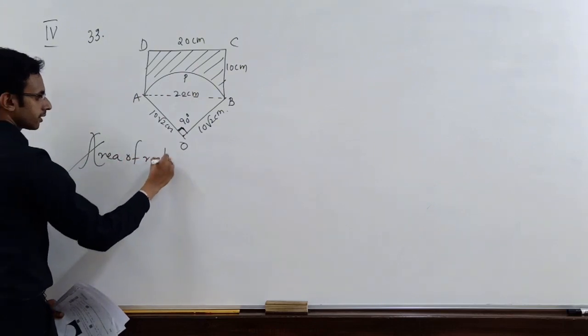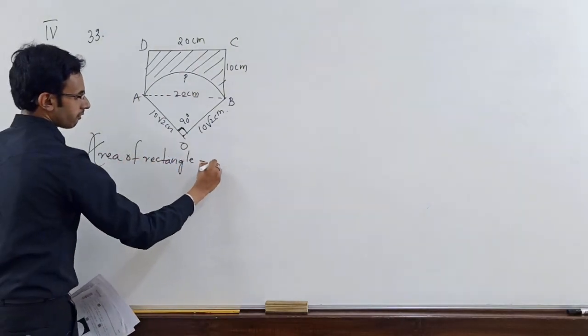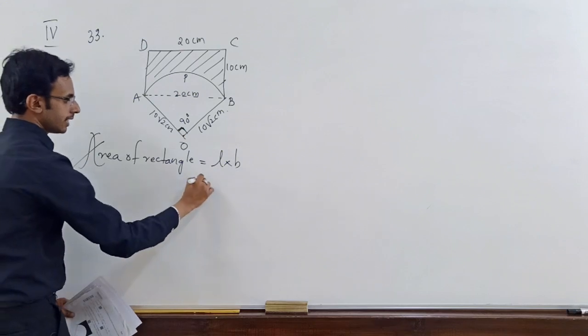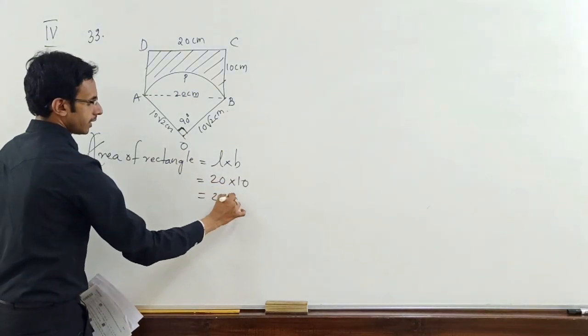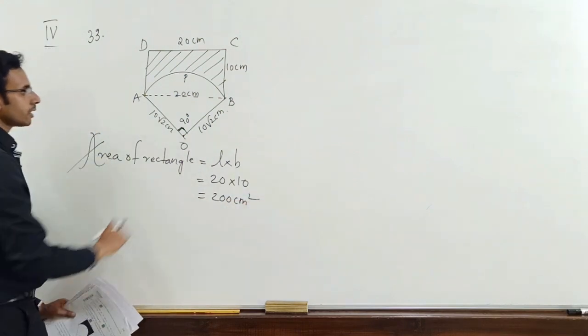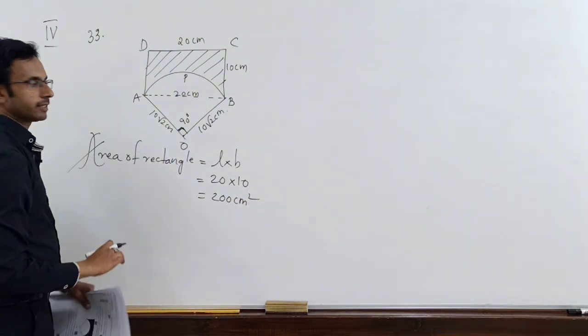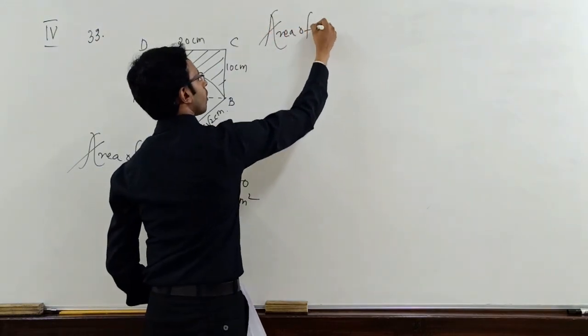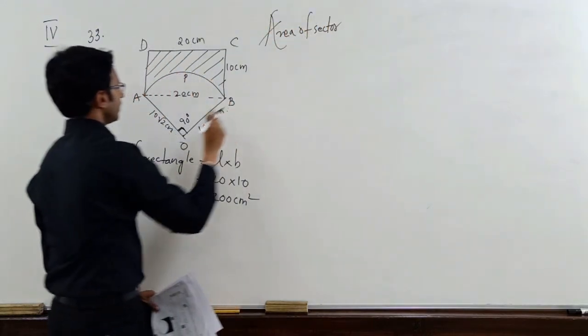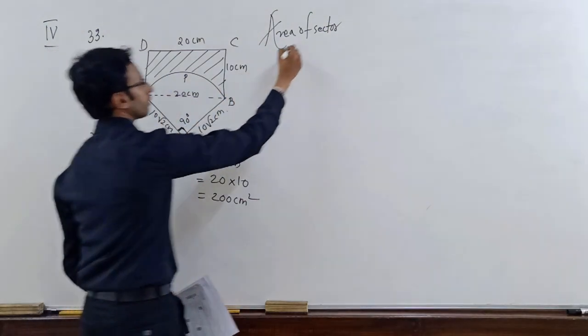Area of a rectangle. The formula for finding area of rectangle is length into breadth, which is 20 into 10. You will get 200 centimeters square. Then let us calculate the area of the sector. Area of sector, the name of the sector is OAPB.